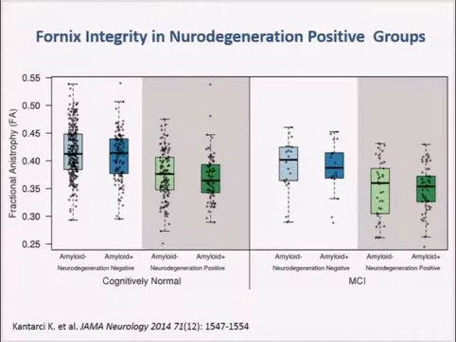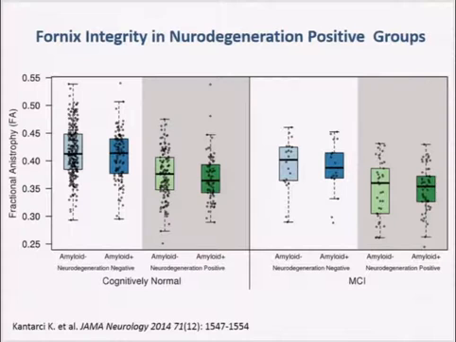And when we look at some of those plots, you can see in the fornix that the decrease in FA is very significant in the neurodegeneration positive, but not neurodegeneration negative groups, similarly in the MCI. But presence of amyloid positivity does not seem to be impacting this.